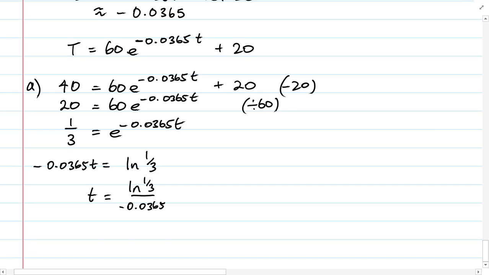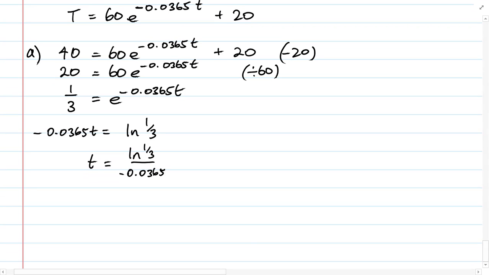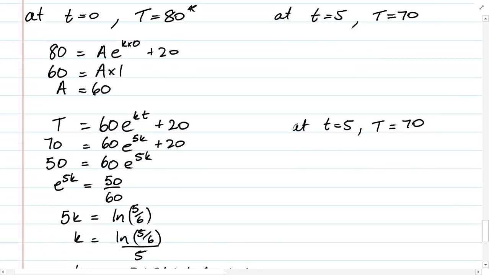So I'm just going to put this in my calculator, and I get an answer that is 30.1284, and I'll leave it to 4 decimal places.